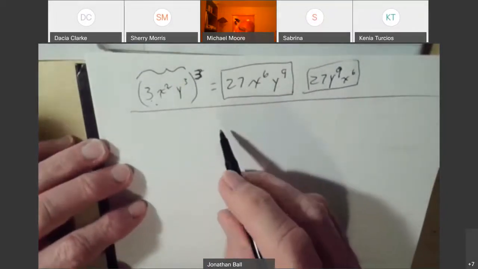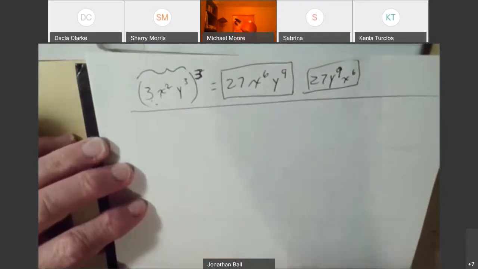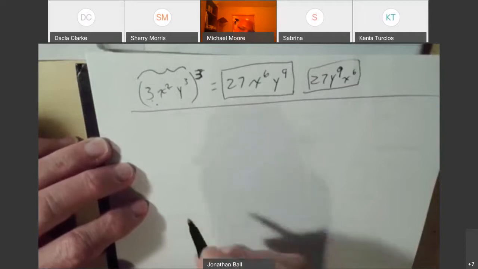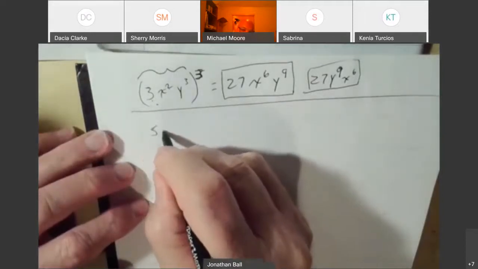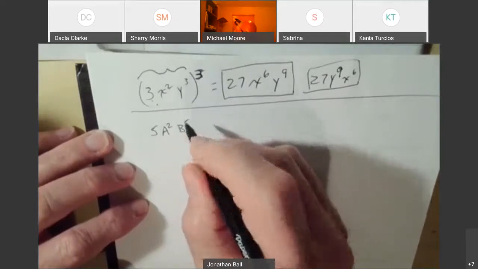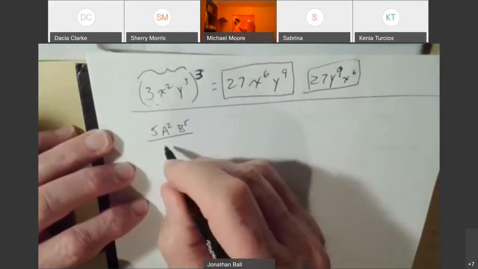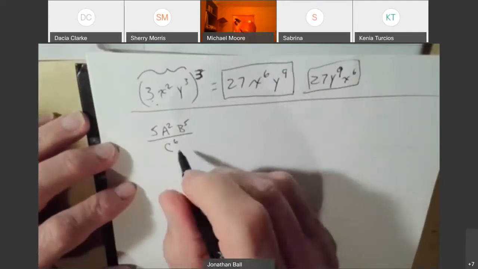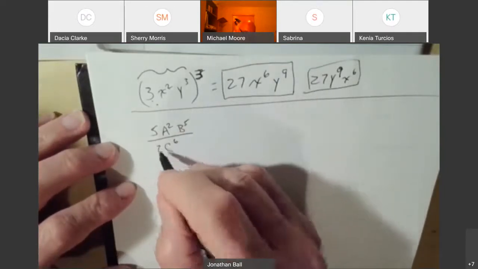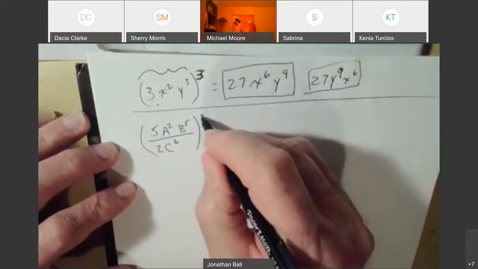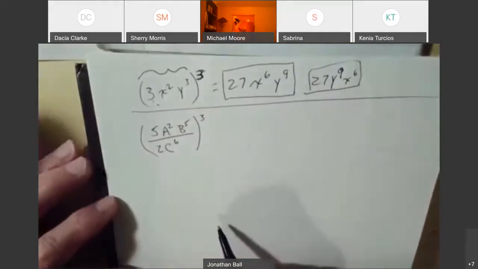Now what if we have this? These problems really don't get any more difficult. They just get longer. So if we have 5a squared b to the 5th over 2c to the 6th, all raised to the third power.